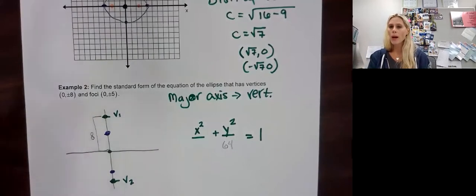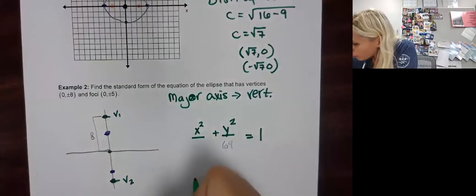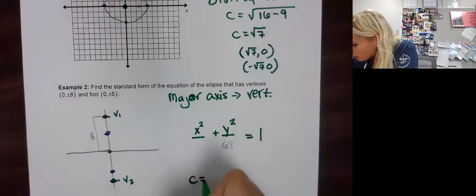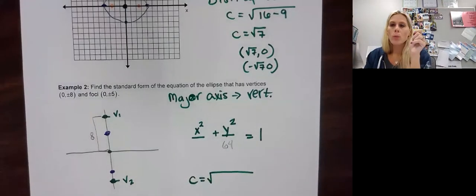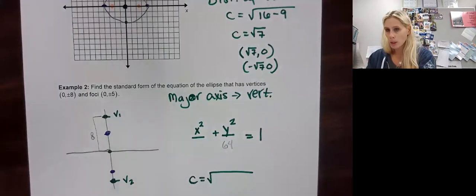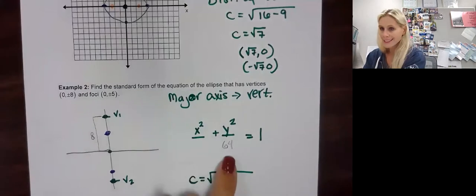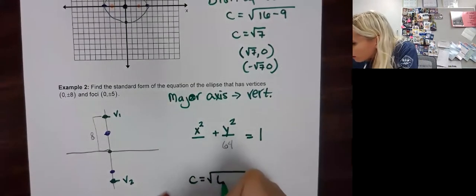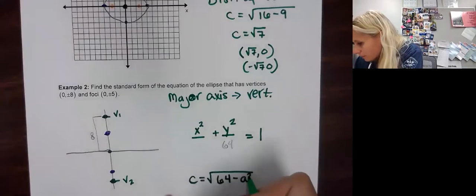But we do have an equation that has a squared in it. And if you look, it's that c equals the square root. Now remember, it's your larger one minus your smaller one. Our larger one in this case is the vertical, which is that 64, minus our a squared.